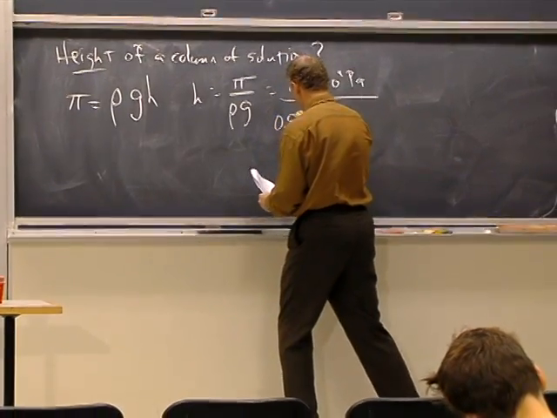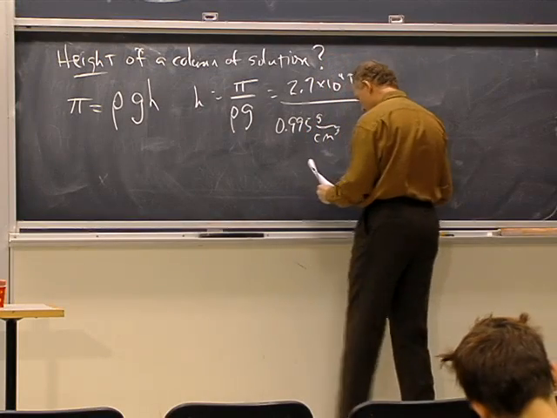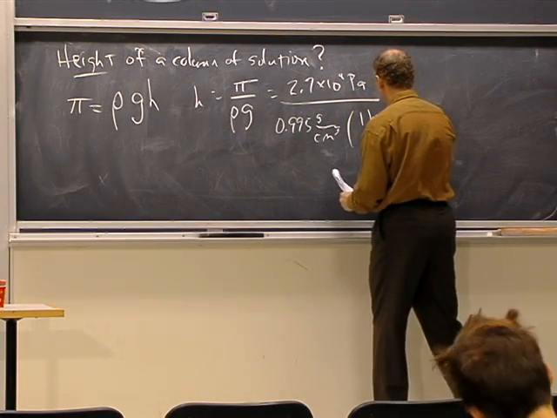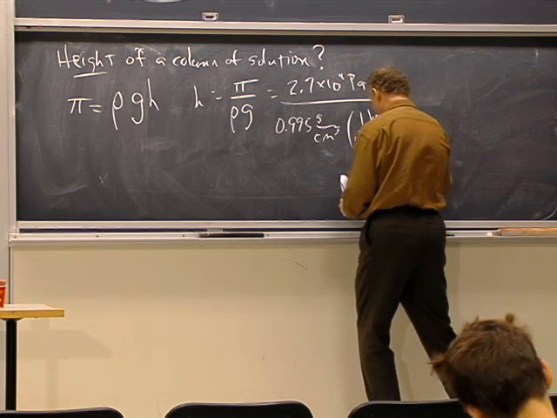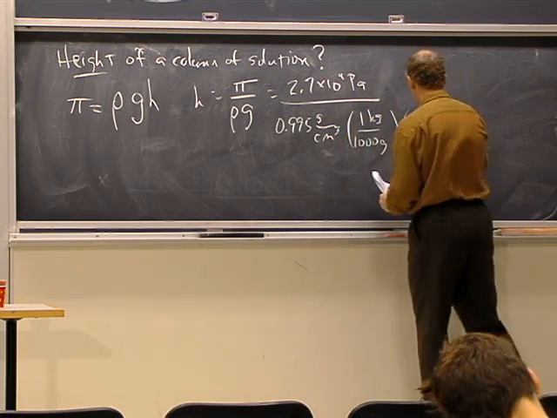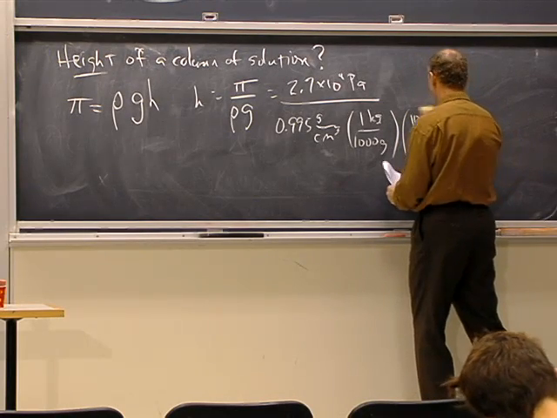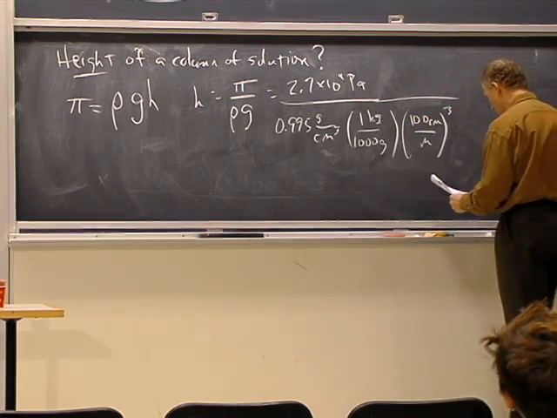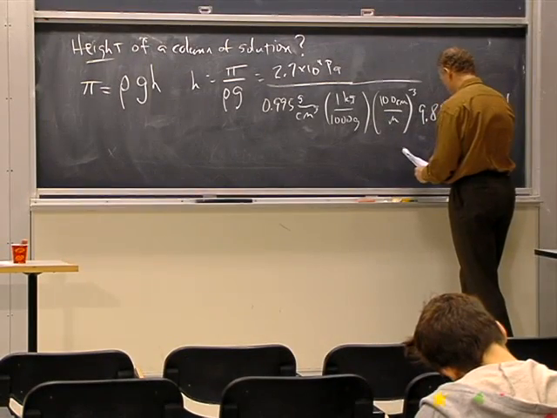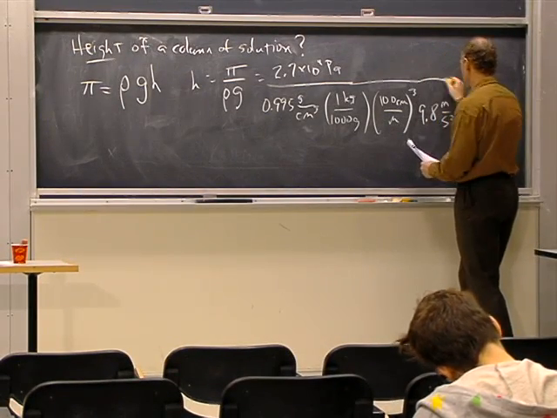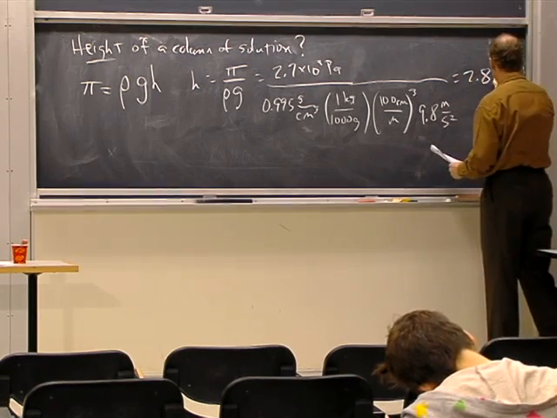That's 0.995 grams per centimeters cubed times 1 kilogram over 1,000 grams times 100 centimeters per meter cubed. I'm just getting this into units that will be in meters, times 9.8 meters per second squared. And when I multiply all that out, it's 2.8 meters.